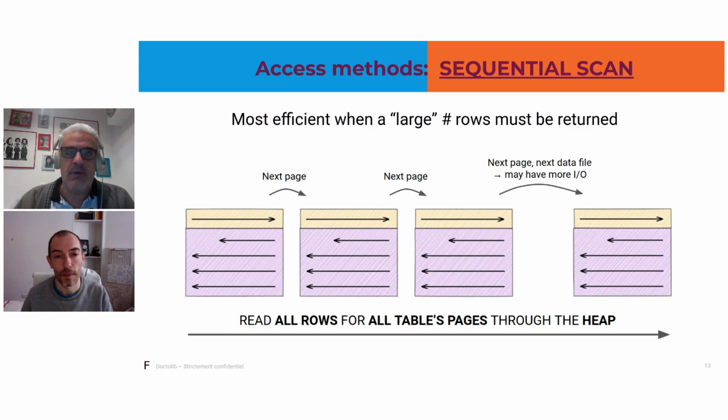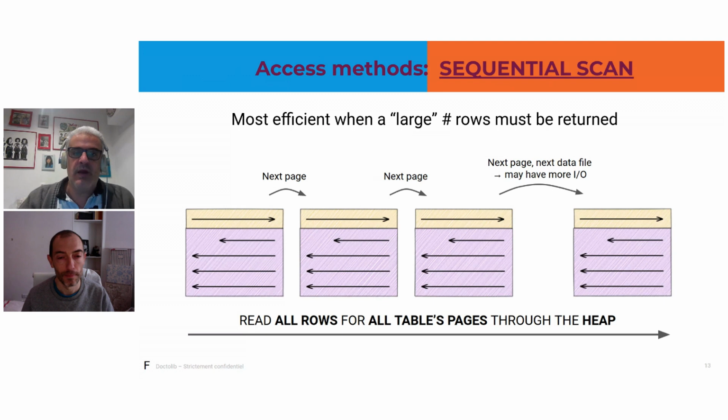The sequential scan is very efficient when we have a large portion of the file to read. If I want all the file or a large portion of it, it will always be the fastest method to access data in a file. All we do in Postgres is read pages in sequence. As Olivier told you before, pages are 8 kilobytes blocks of data on disk and in memory.